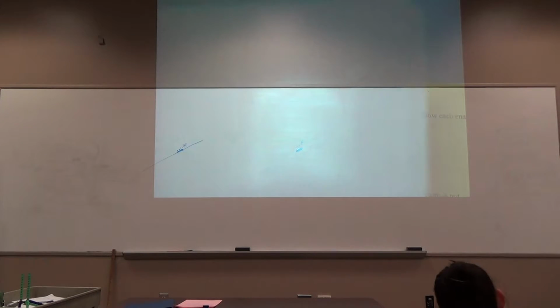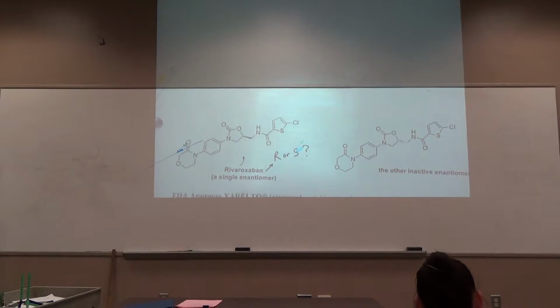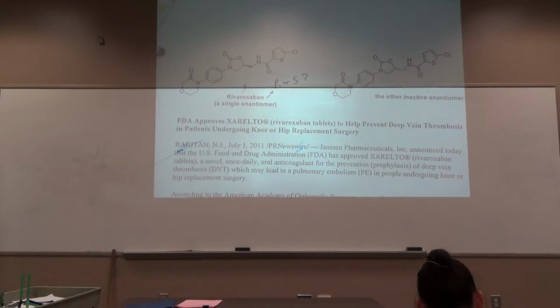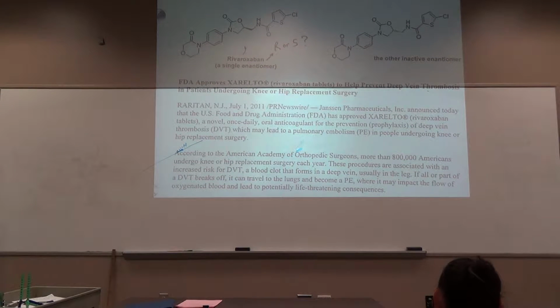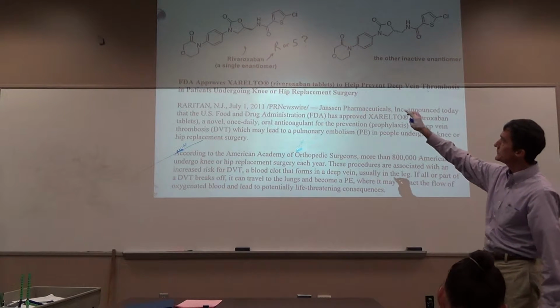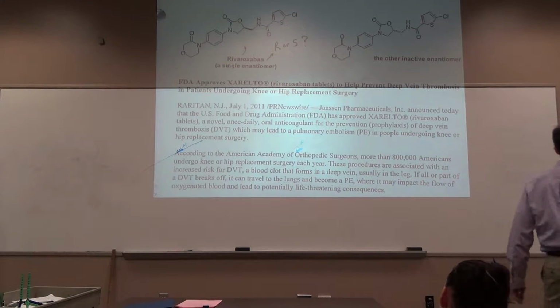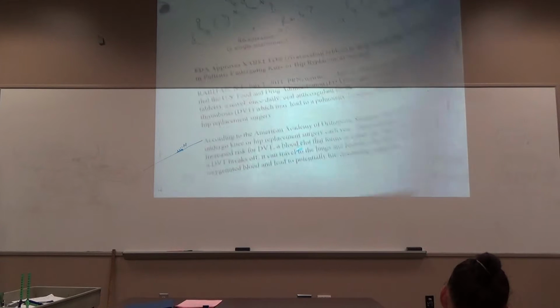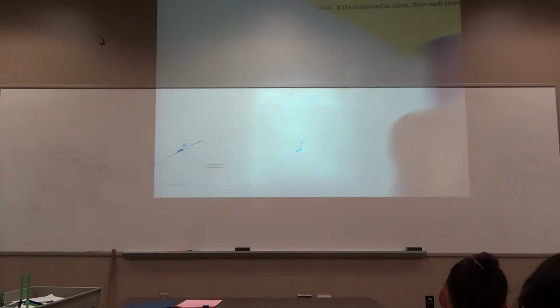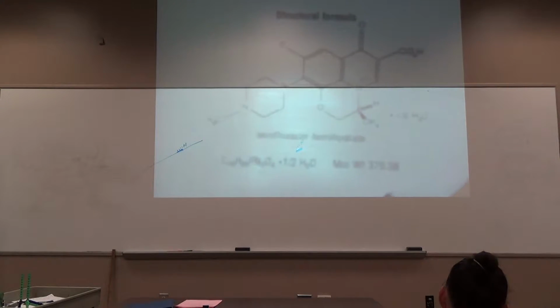Let's look over here. Here's just some more drugs. I give you examples. I ask you if it's RS. So you just do examples. Let's look at this one over here.